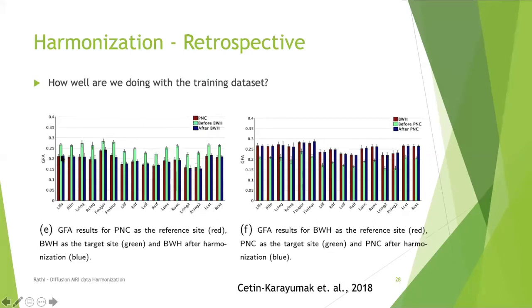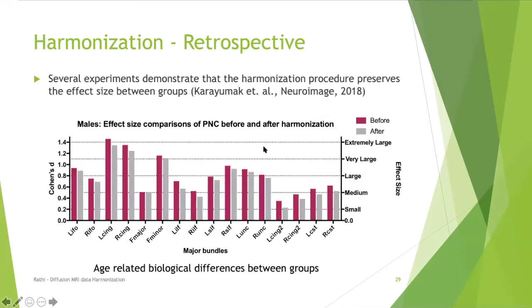Before and after harmonization, they look pretty much the same. And this is the opposite, where we harmonized the PNC to the BWH site, and we got very similar looking results, which means that before and after harmonization, the effect sizes or the GFA values were pretty much the same in all of these regions.